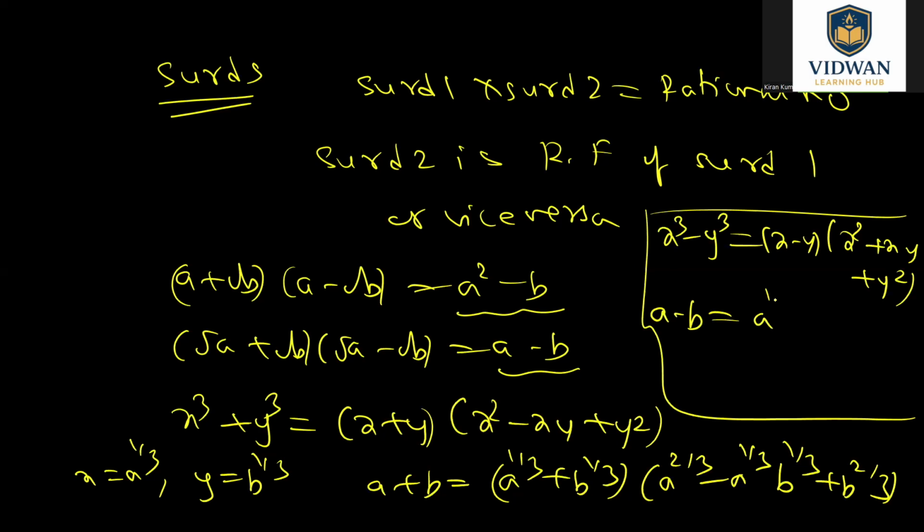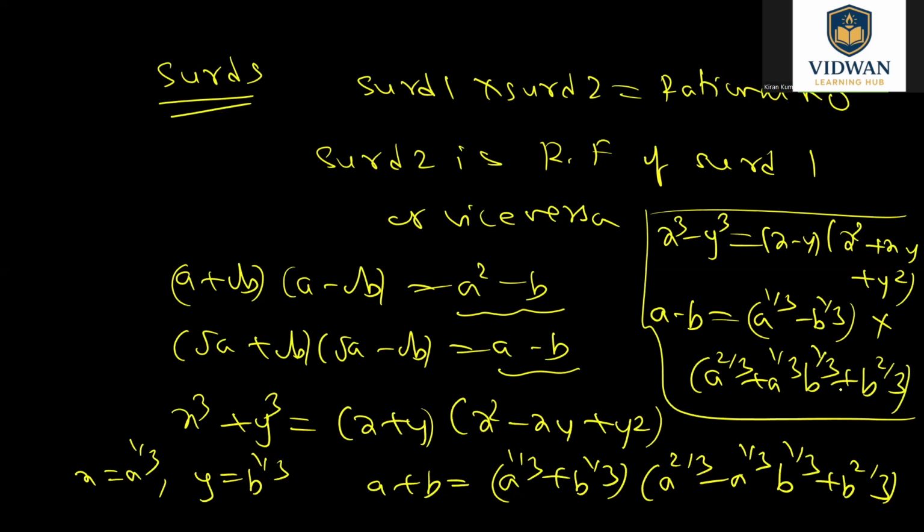In the right hand side, you'll get a power 1 by 3 minus b power 1 by 3 multiplied with a power 2 by 3 plus a power 1 by 3, b power 1 by 3 plus b power 2 by 3. So this is the rationalizing factor of the first one. So if there is a plus here, there is a minus here. If there is a minus here, there will be a plus. So this kind of thing we also need when you solve binomial theorem questions.